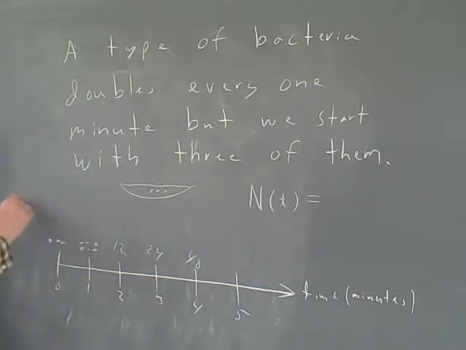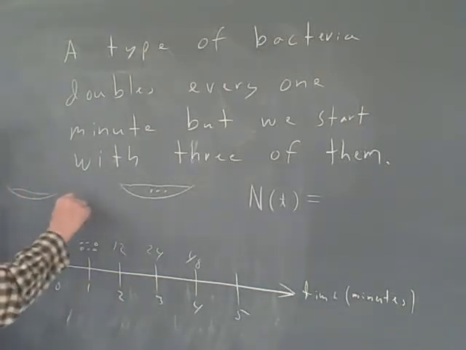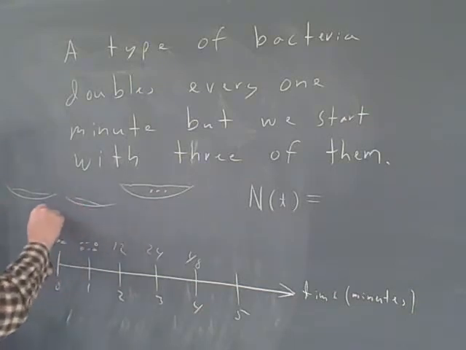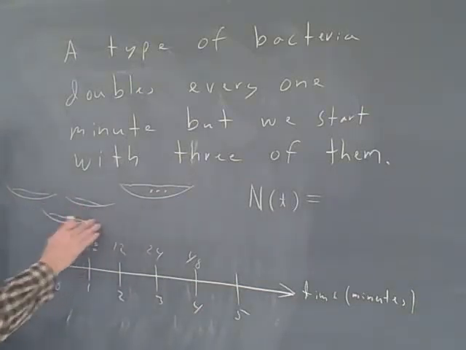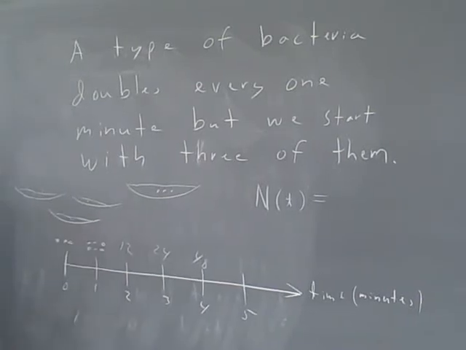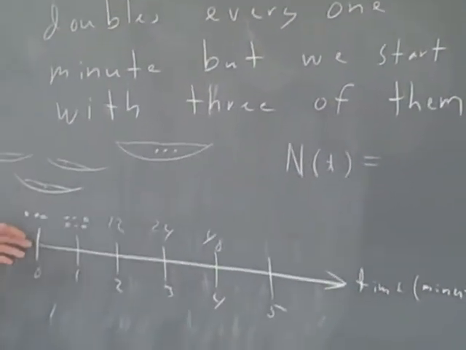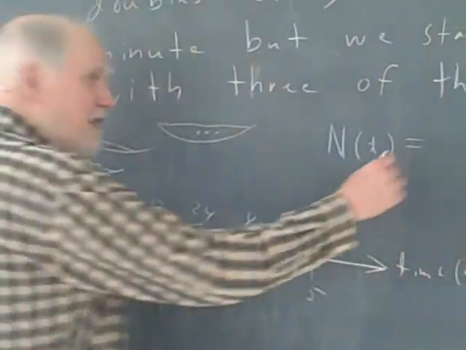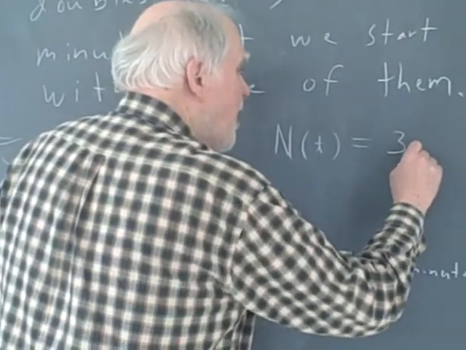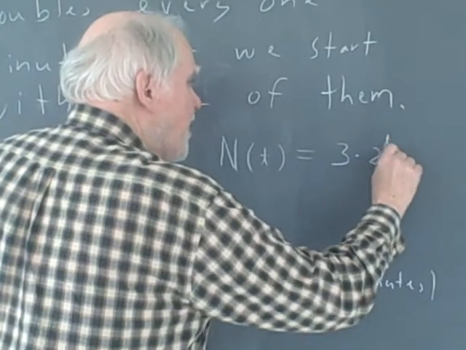So it would be as if you had 3 experiments like this, with a little nutrient in there with 1 each. And I said, if you start them running like that, somebody will say, well, you get 3 times as many. And they'll figure out, yes, that's right. So it is 3 times 2 to the t.